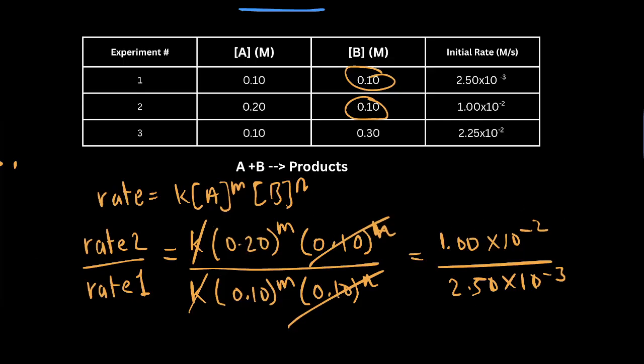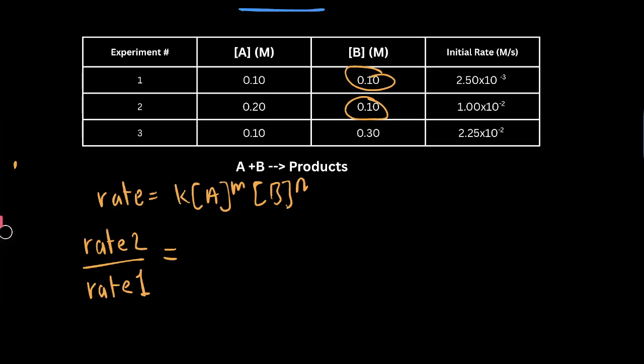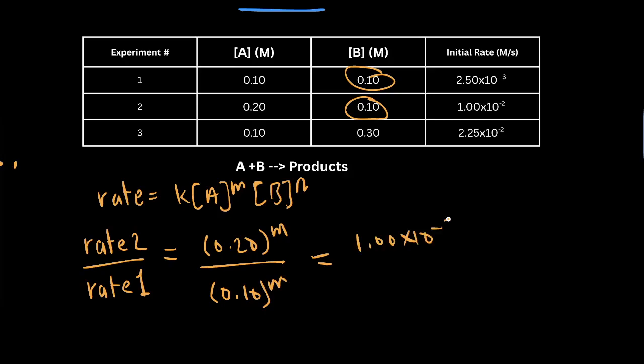So if we clean this up a little bit, we simply get 0.2 to the m divided by 0.1 to the m, because everything else cancels out, and we know that this is going to be equal to the rates which were given, which is 1 times 10 to the negative 2 divided by 2.5 times 10 to the negative 3.